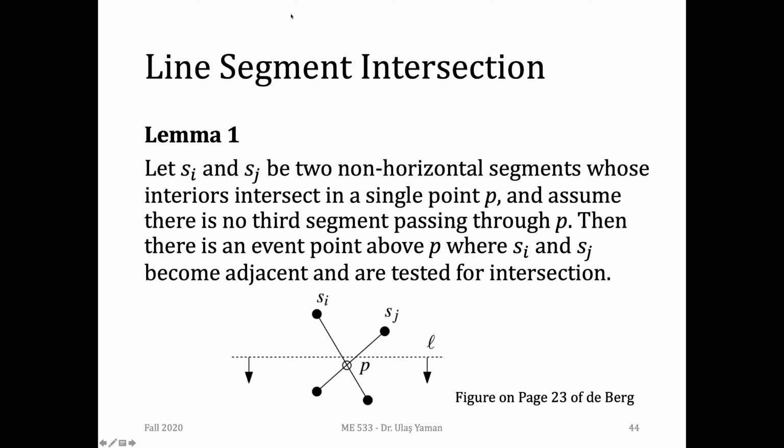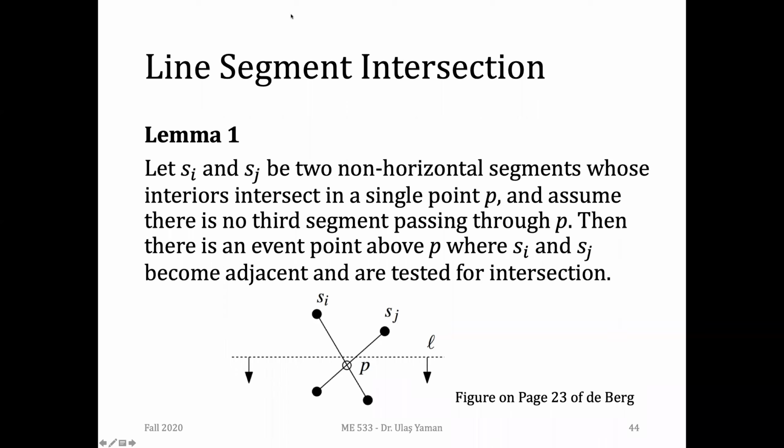Sure, Mithat. Like we said that we are checking every neighbor when we go down, when we're sweeping the lines. But for example, one of the lines is on the left side and one of the lines on the right side, but they are intersecting way down. Further along in the algorithm, are they going to be neighbors? Yeah, we are assuming that, and they should be neighbors at some point downwards.